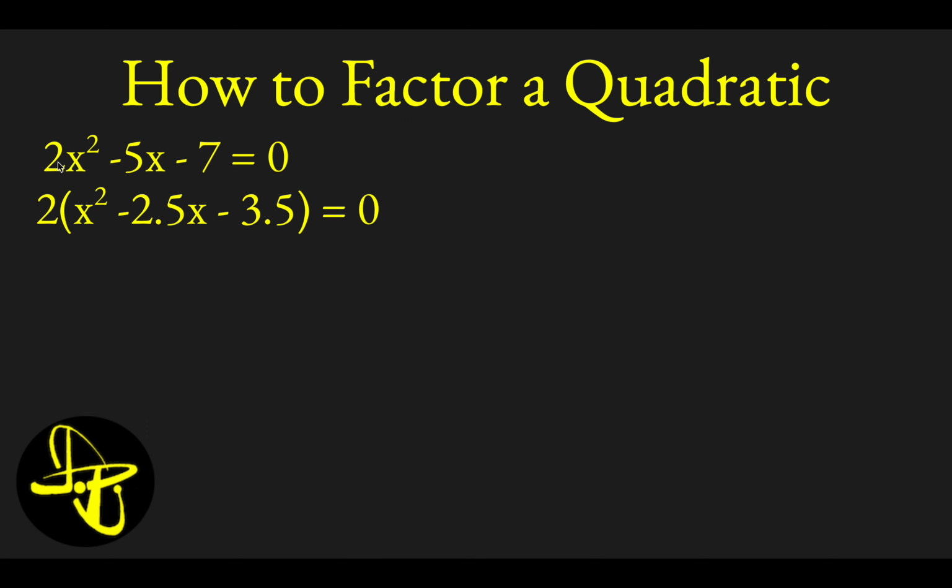And so then you pop the 2 out, and it'd be 2 times x squared minus 2.5x minus 3.5. Whether you write these as decimals or fractions depends on the style of your teacher, but I'm just going to leave it like this here.